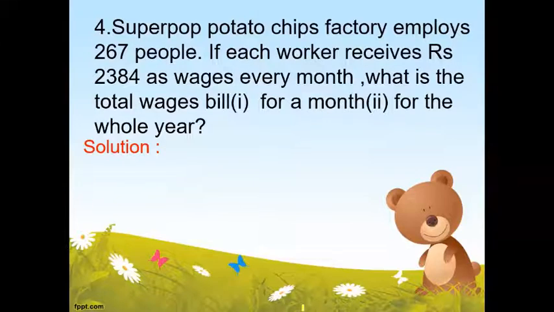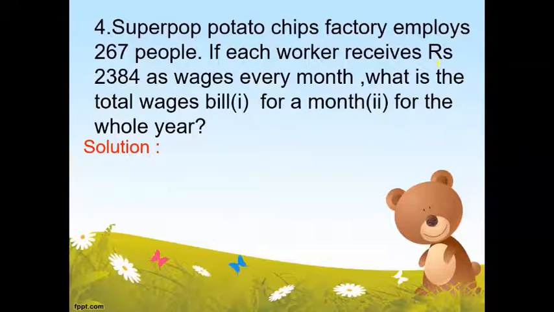Now the fourth question is: Super Pop Potato Chips Factory employs 267 people. If each worker receives rupees 2,384 as wages every month, what is the total wages bill for a month and for the whole year?